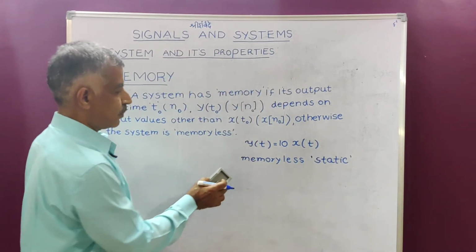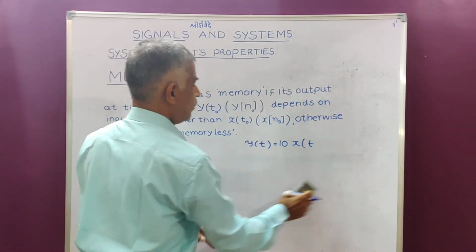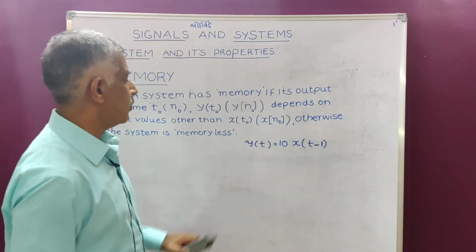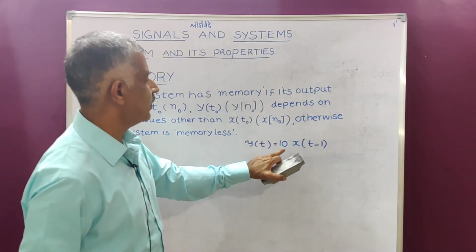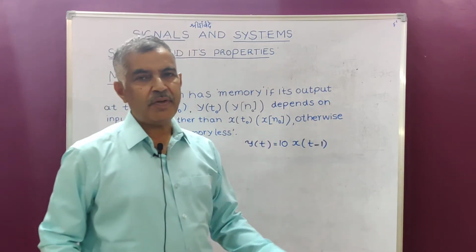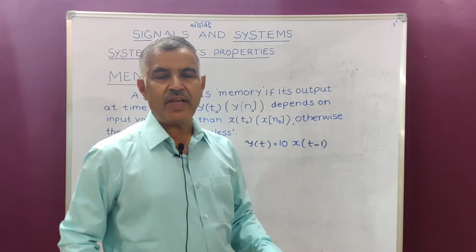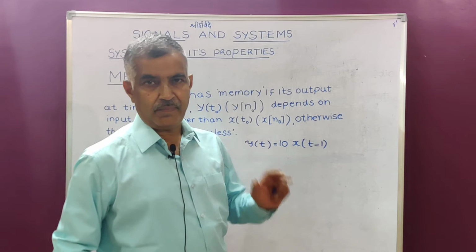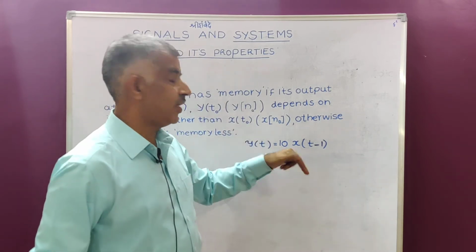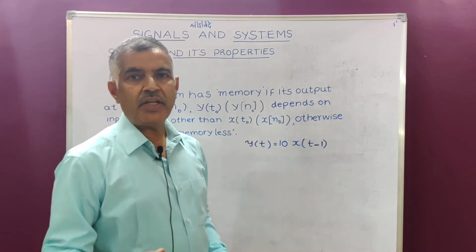Now I will modify this example. The second example: y of t is equal to 10 times x of t minus 1. What is the difference between t and t minus 1? Presently we are in 2021. That is t. In the past means t minus 1, one less, 2020.